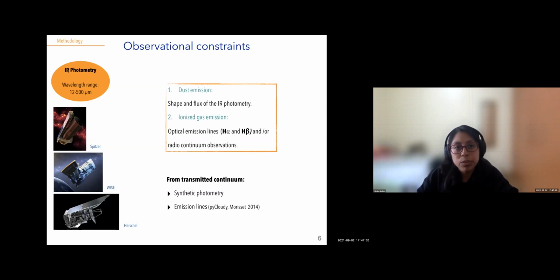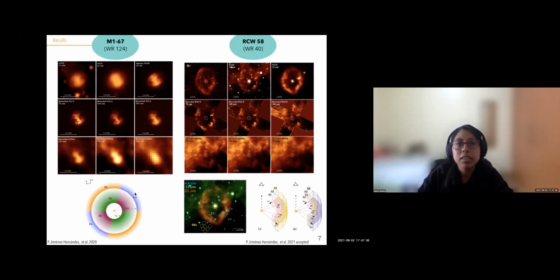The dust emission from the Wolf-Rayet nebula can be studied within the 12 to 500 micron range of the Spitzer, WISE, and Herschel observations. Then, our first targets were M1-67 and RCW 58, around Wolf-Rayet 124 and Wolf-Rayet 40. Here I show you the multi-wavelength infrared images of these 2 nebulae.